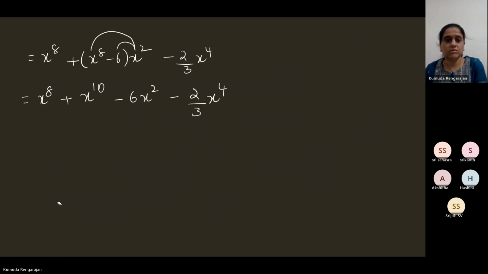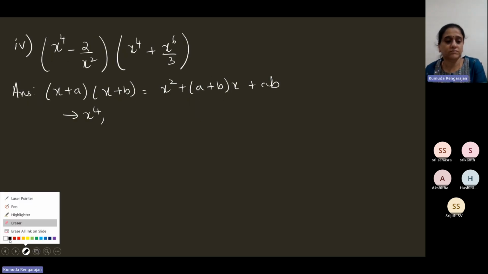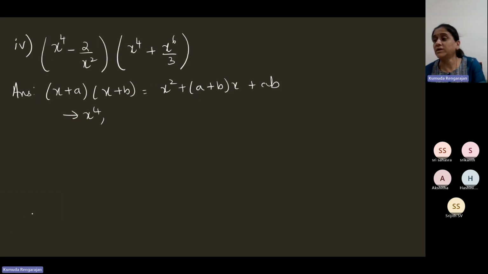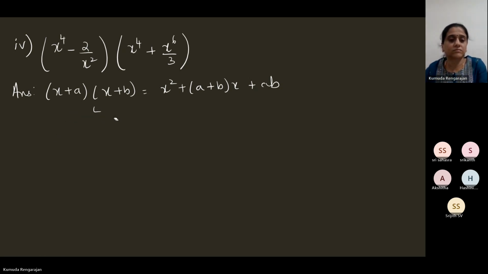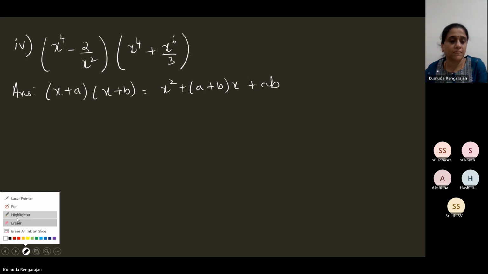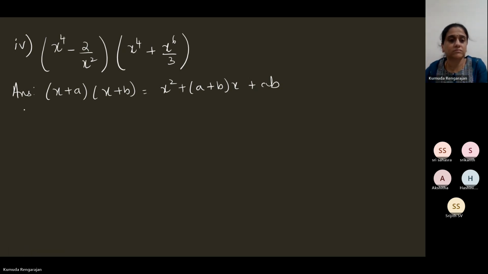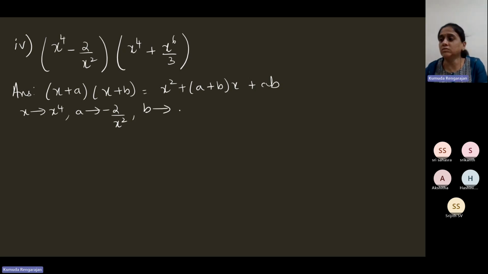What will happen to this x squared? We multiplied that, no? And both denominators same only. We can build. No, no, no.